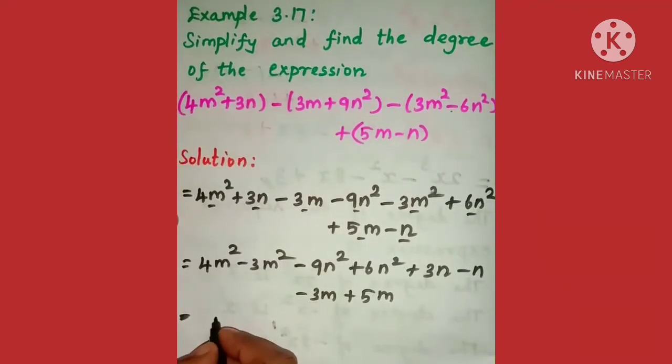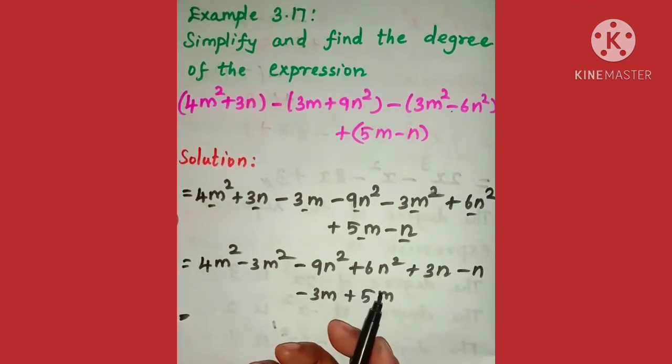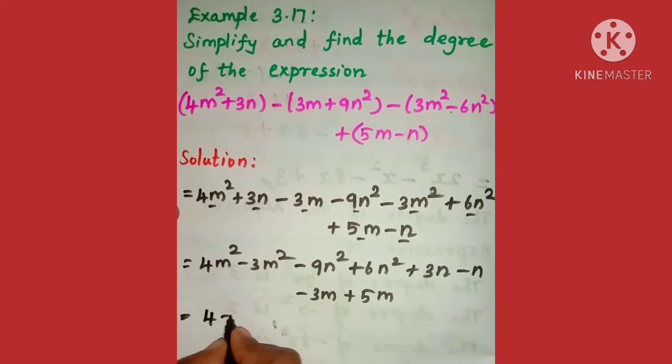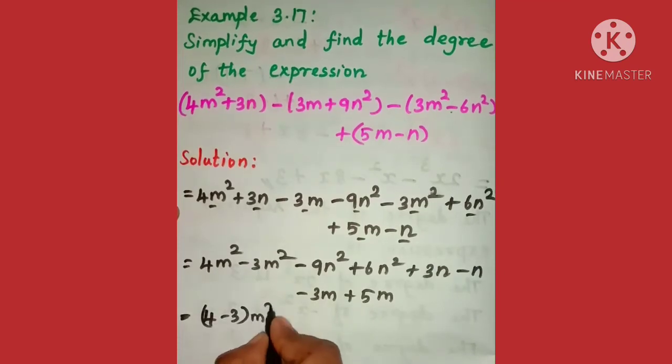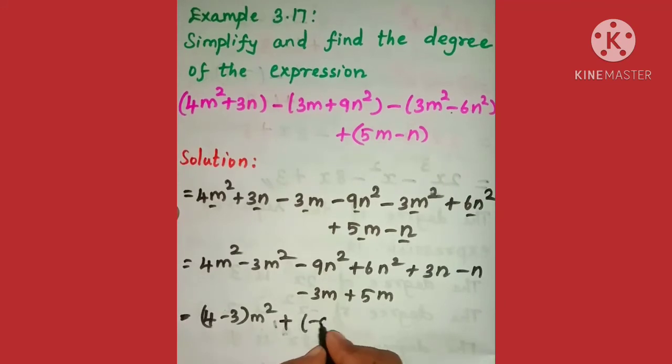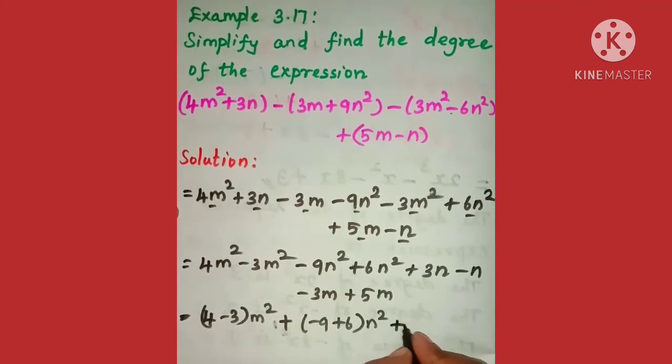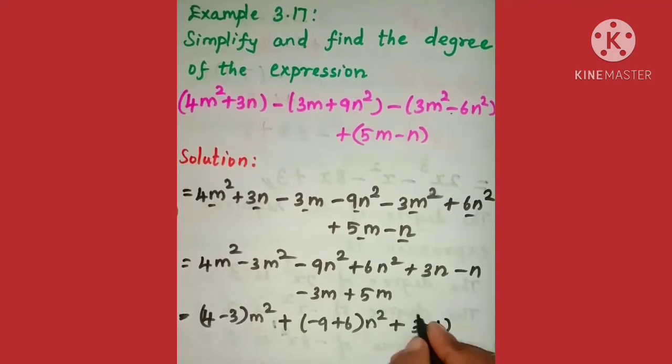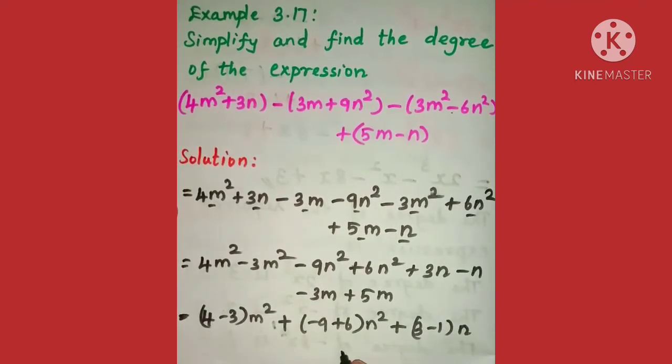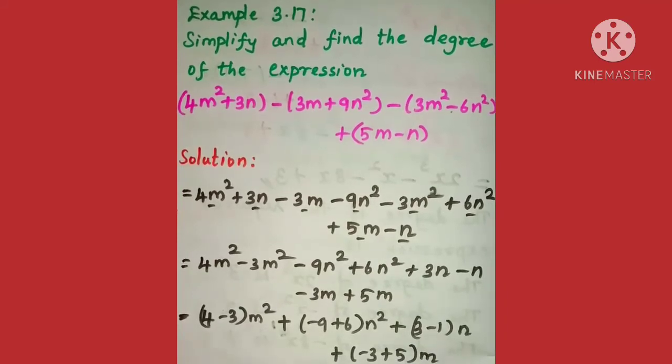Now students, we know how to subtract or add the like terms. That is, we are going to add or subtract the coefficients of like terms alone. So 4 minus 3 into m square, plus minus 9 plus 6 into n square, plus 3 minus 1 into n, and plus minus 3 plus 5 into m.